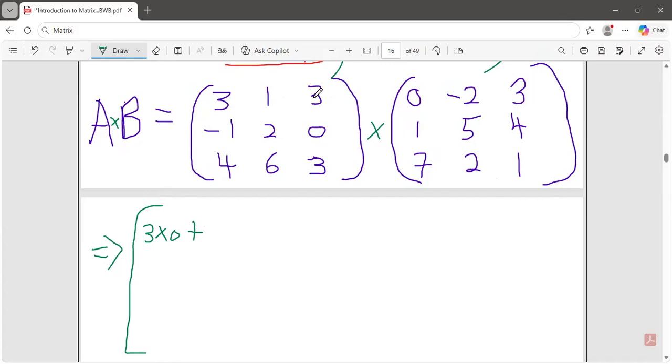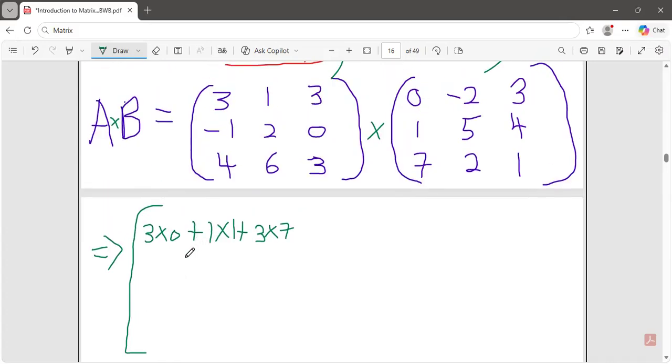Then after, the 3 will come and multiply the 7. So we're going to get 1 times 1, plus 3 times 7.